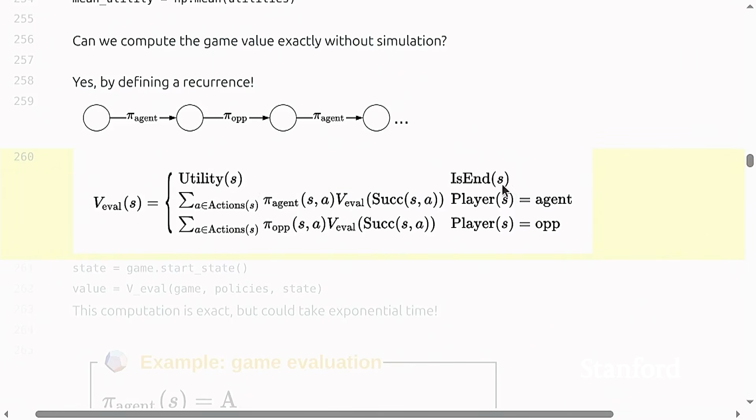If I'm at an end state, then I just return the utility of that state. That's the base case. If it's the agent's turn to move, then I look at all possible actions that the agent could take, the probability of that agent taking that action, and I recurse on the game value of the successor state.